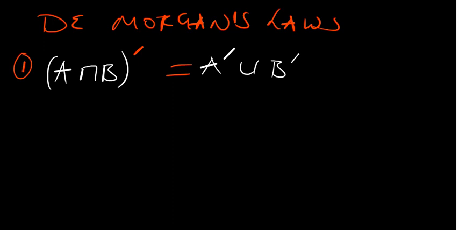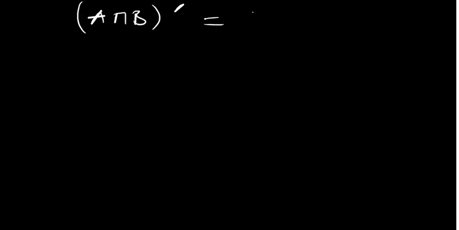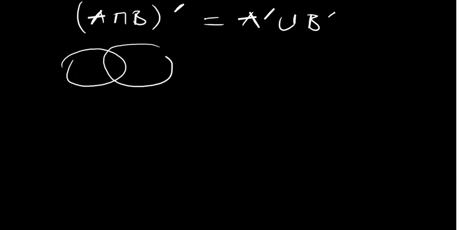We have A intersection B, then we have the complement of it, right? This should be equal to A complement union B complement. So guys, when you're talking about A intersection B, what does it mean? You're talking about the intersection of two sets, then outside of it. To start with, you have two sets A and B, right?